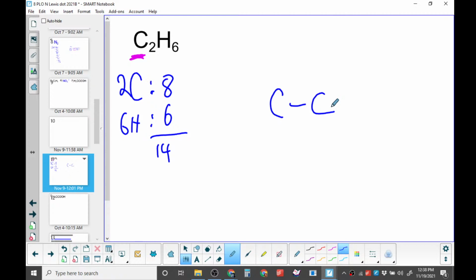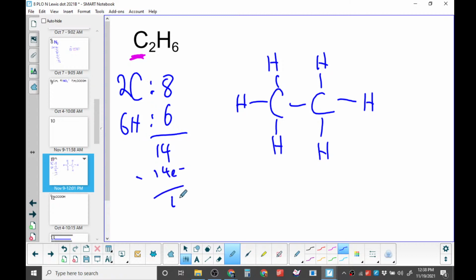We just put the hydrogens around them and join them up. How many bonds did I use? 7. 2 electrons per bond, minus 14 electrons, 0. Are any of them unhappy? We're done.